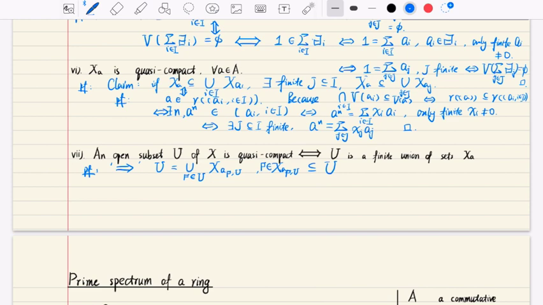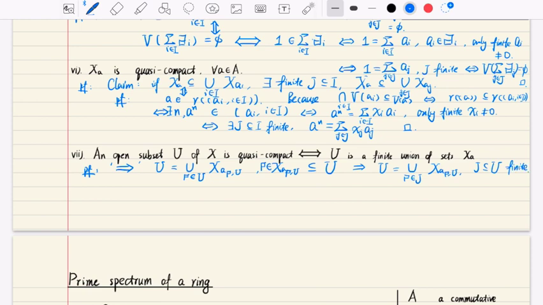So we have U is covered by a family of basic open sets, and by assumption, U is quasi compact, which means that U can be covered by a finite subfamily, where J is finite.